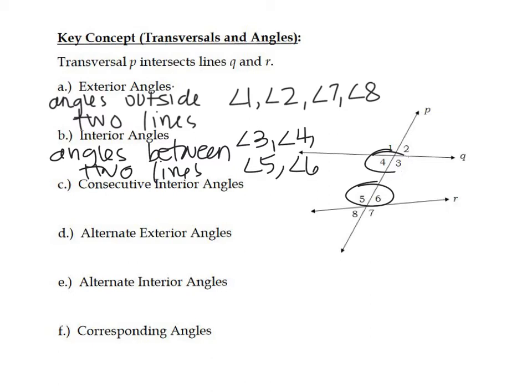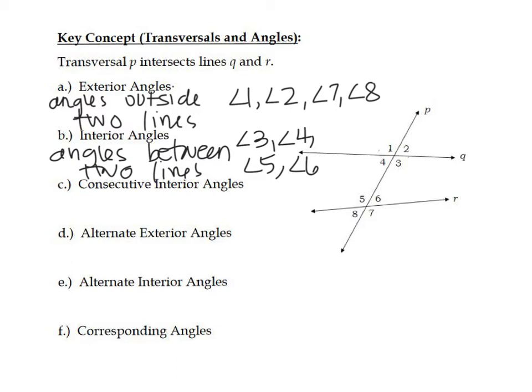So not only can we have exterior and interior angles, we can also have relationships that exist. So we can have consecutive interior, alternate exterior, alternate interior, and then we have something called corresponding.